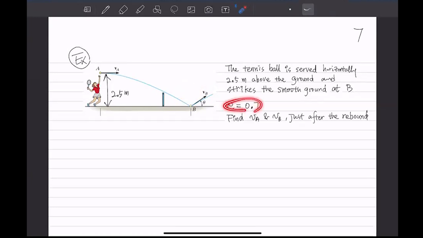And the coefficient of restitution was given as 0.7. And we want to find out what this VA was and what this VB is right after the rebound, okay, for this guy. And this is 6 meters.